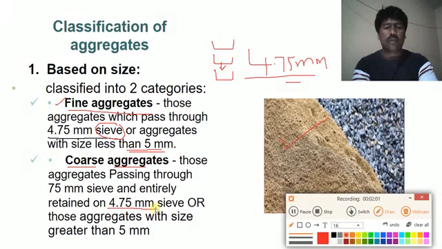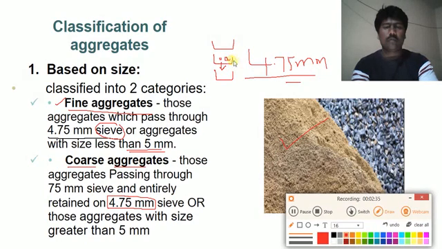Greater than 4.75 mm means they cannot pass through this 4.75 mm sieve. They are retained on this sieve itself. They can't pass through this sieve. Those type of aggregates are called coarse aggregates.